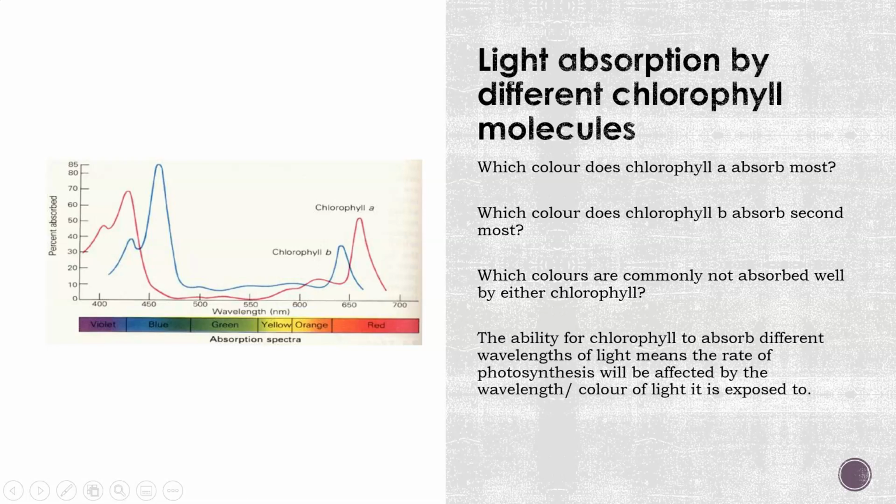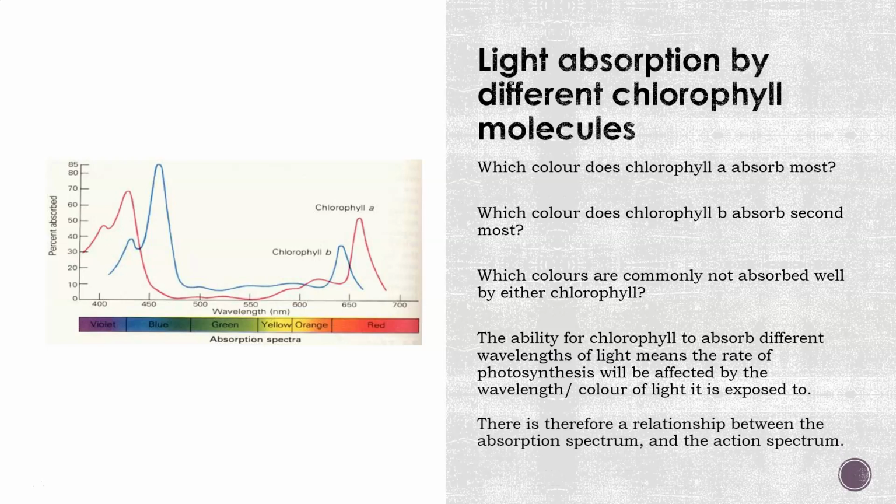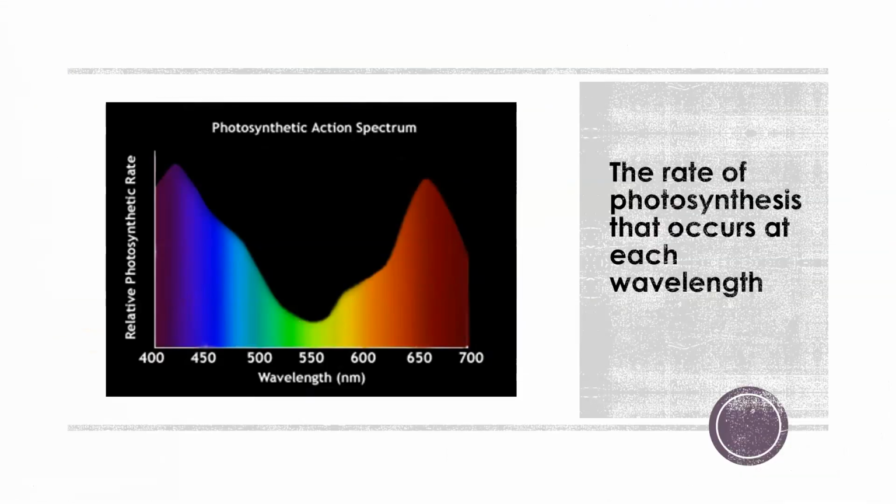The ability for chlorophyll to absorb different wavelengths of light means the rate of photosynthesis will be affected by the wavelength or colour of light that it's exposed to. There is therefore a relationship between the absorption spectrum and the action spectrum. Action would be the rate of photosynthesis that occurs at each wavelength.